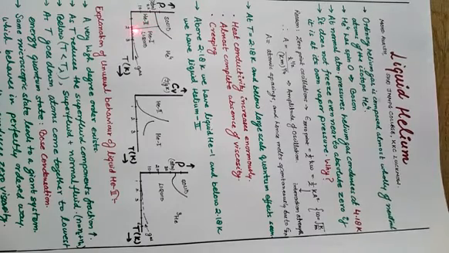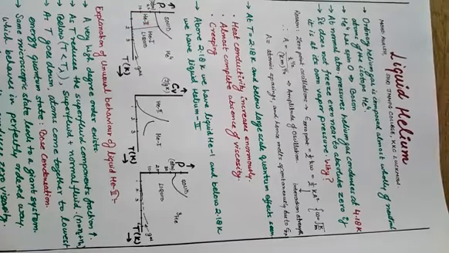So above 2.18 Kelvin we call it liquid helium 1, and below 2.18 Kelvin we call it liquid helium 2. Liquid helium 1 is simply a classical fluid, whereas liquid helium 2 is a quantum fluid. We will explain the properties shown by helium 2.